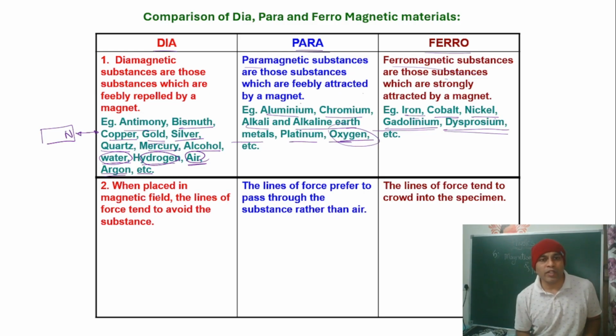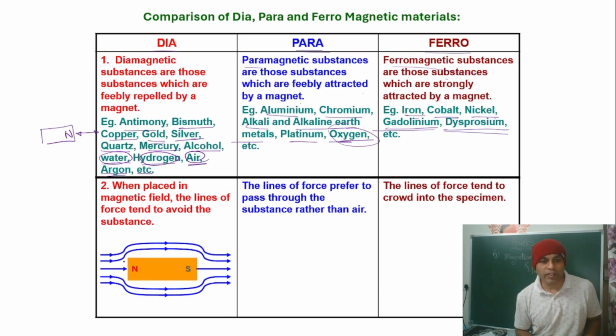So what happens with dia? When placed in a magnetic field, the lines of force tend to avoid the substance. They will not pass through it from north to south pole; they will go outside the material. And for para, the lines of force prefer to pass through the substance rather than air.